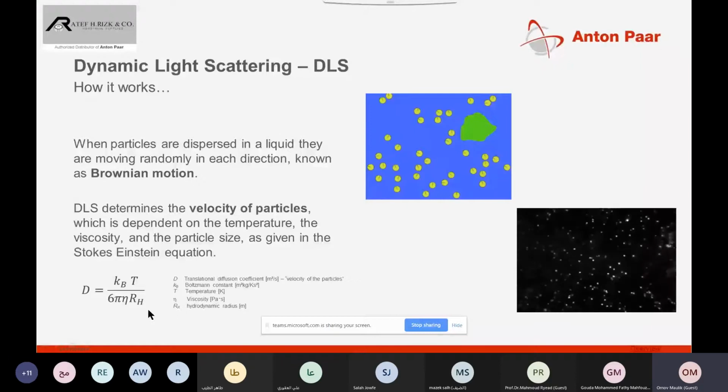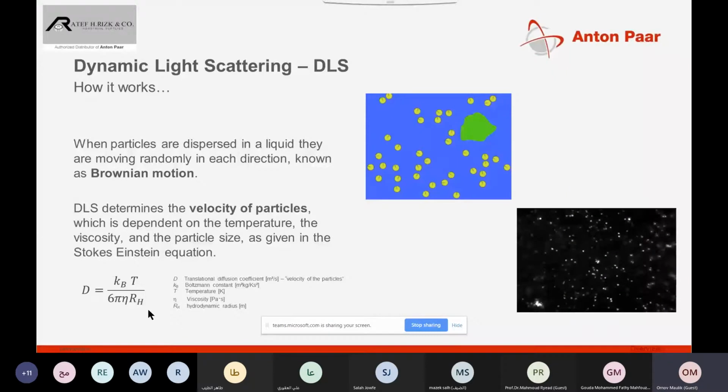You can imagine the hydrodynamic radius to be a hypothetical value, not an actual particle size, but a hypothetical value where you can consider a sphere moving with the same speed as the particles.